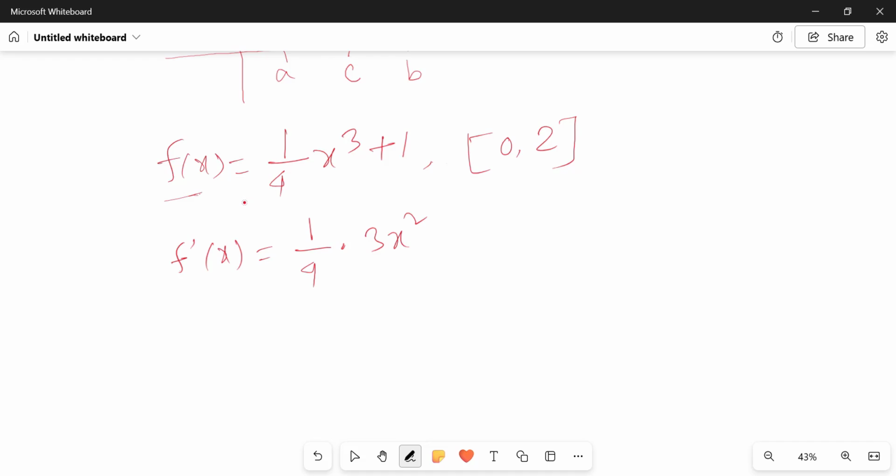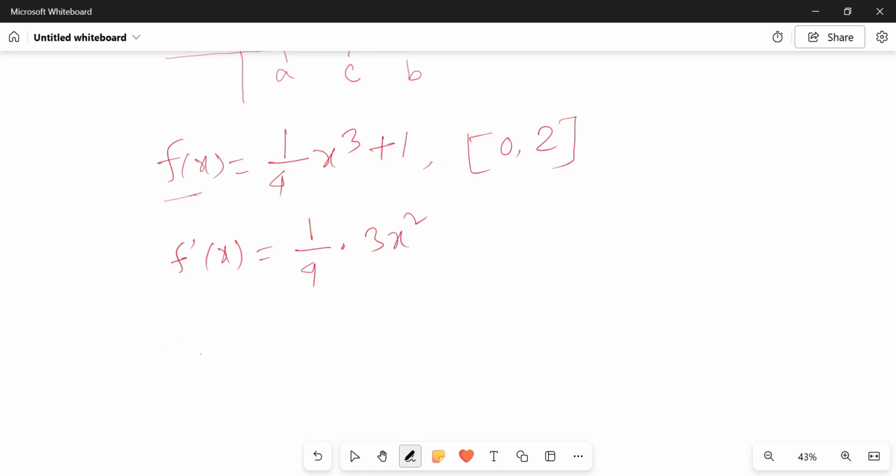It doesn't have any sharp corners or vertical tangency, so it is differentiable. Now the conditions are satisfied, so there is at least one point c for which the slope of the tangent line is equal to the slope of the secant line.